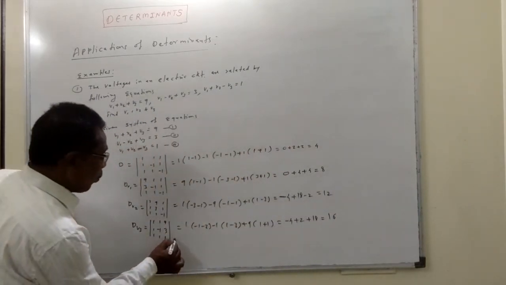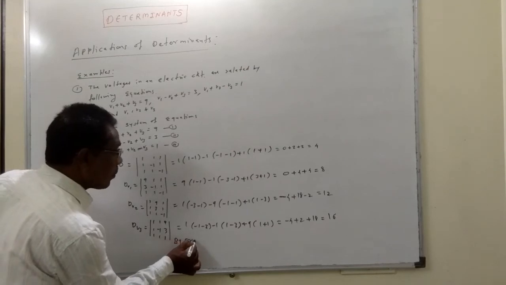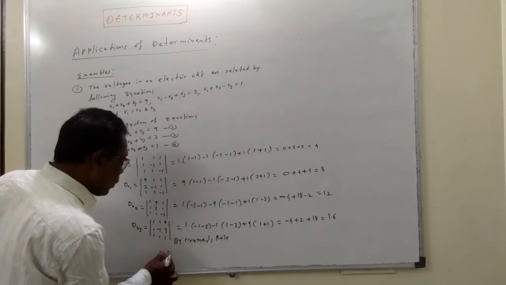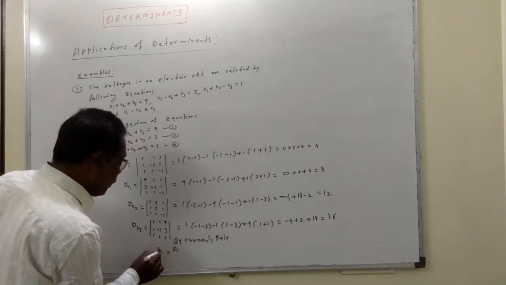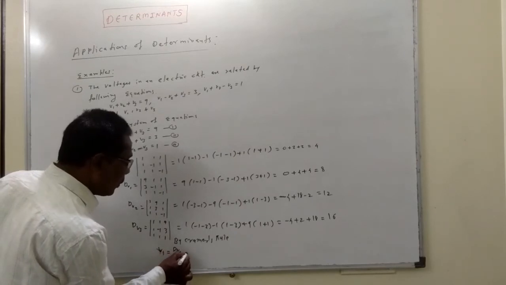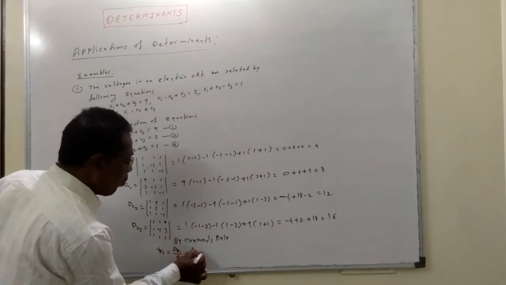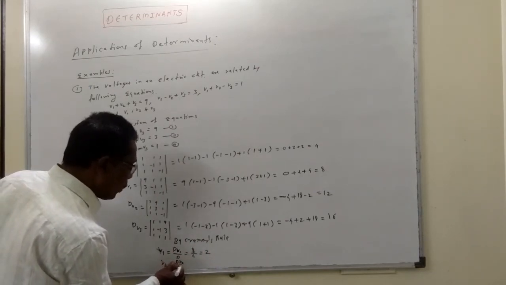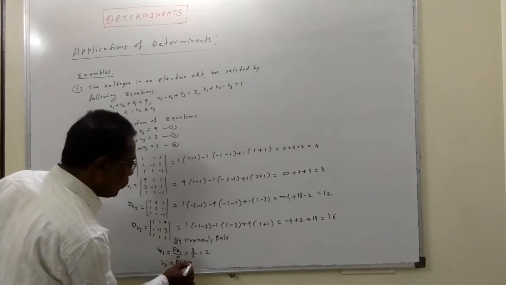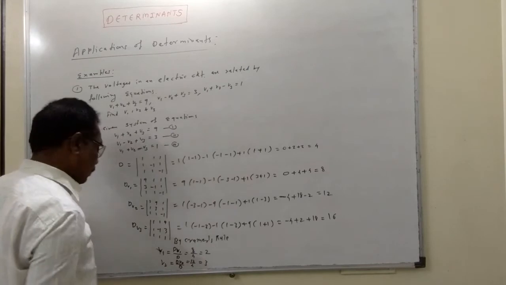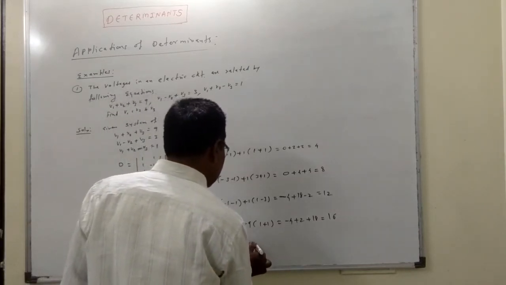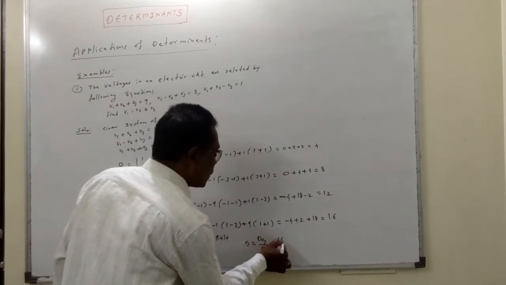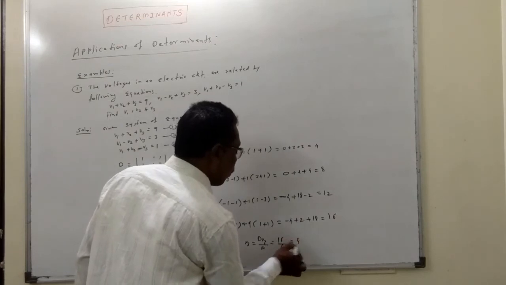So by Cramer's rule, x equal to D1, that is, D v1 upon D, so that is equal to 8 divided by 4, so 2. v2 is equal to D v2 upon D, so that is 12 upon 4, 3. v3 is equal to D v3 divided by D, so that is 16 upon 4, so 4.